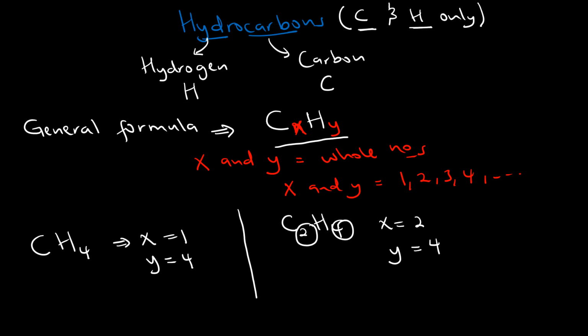So let us look at the common classes of hydrocarbons. Hydrocarbons are classified into very many classes. However, under this course we are going to look at mainly 3 classes of hydrocarbons.